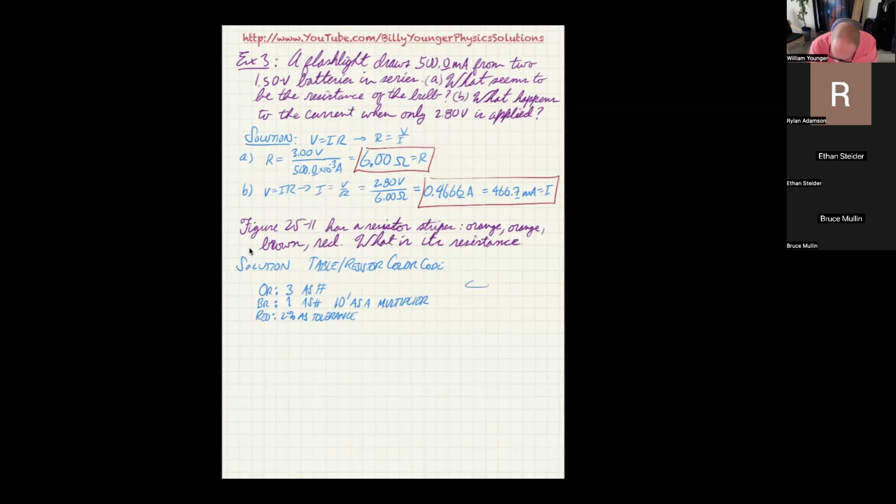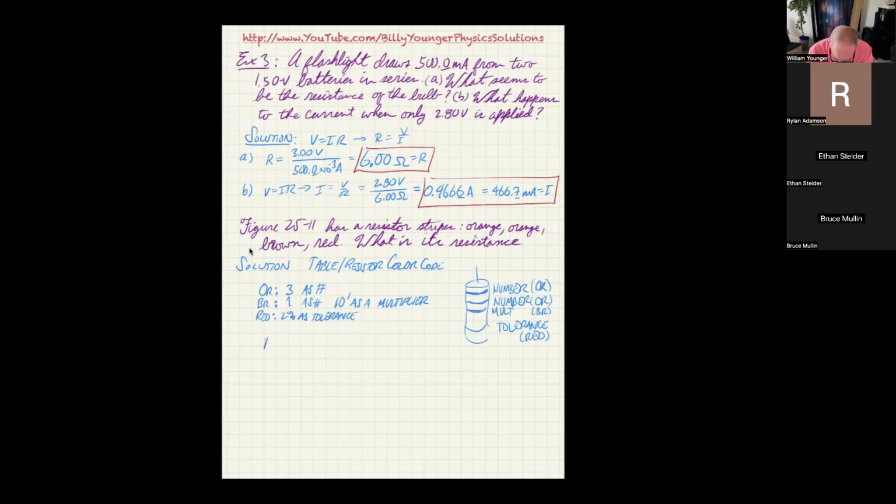And the way the resistor is supposed to work is this: number, number, multiplier, and tolerance. So I had orange, orange, and then I had brown, and then I had red.